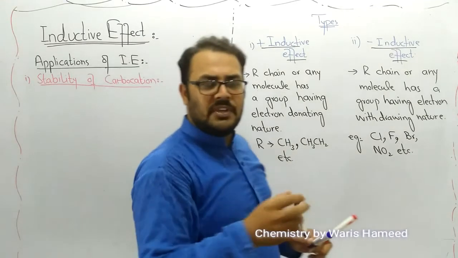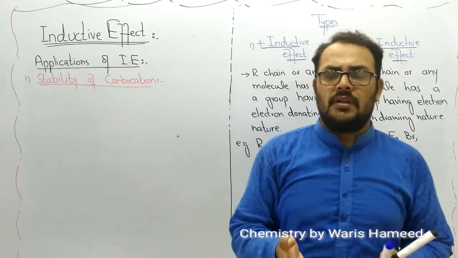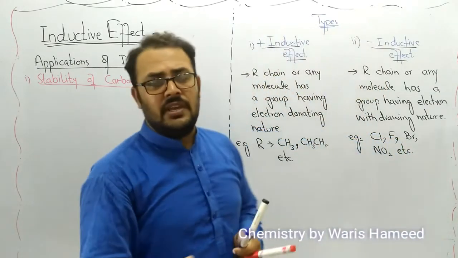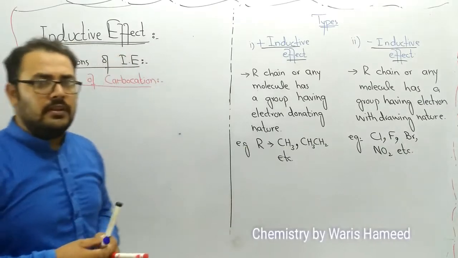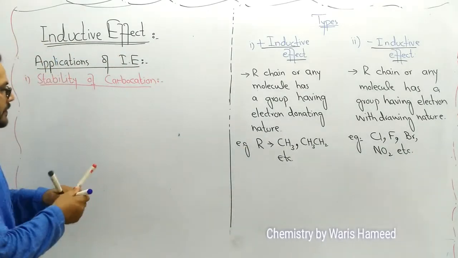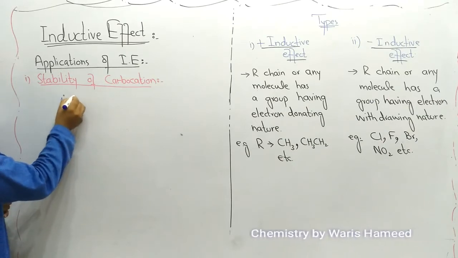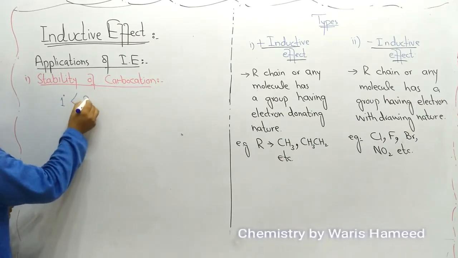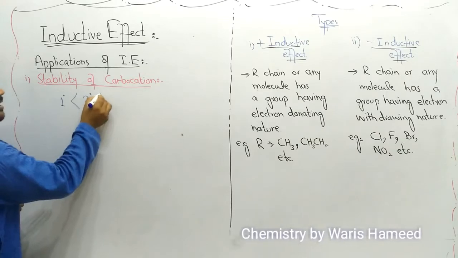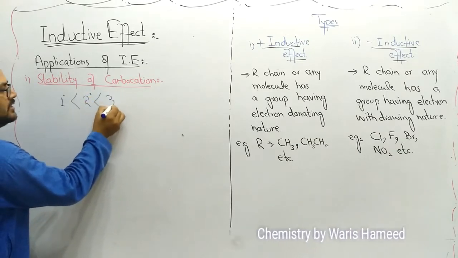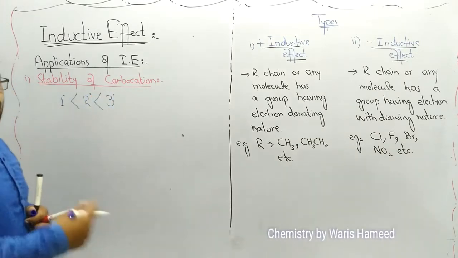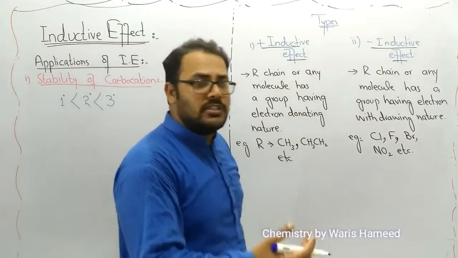There are three types of carbocation. First are primary carbocations, second are secondary, and third are tertiary carbocations. How stable are they? Primary carbocations are least stable, then secondary carbocations, then tertiary carbocations. Why are tertiary carbocations more stable?